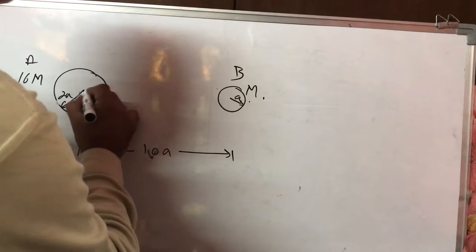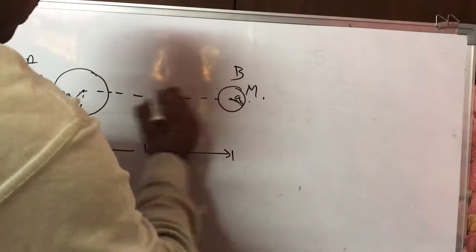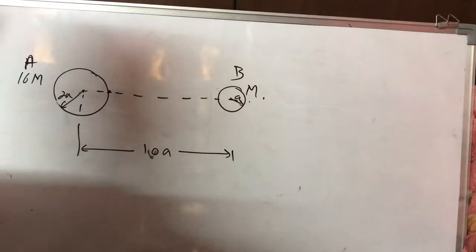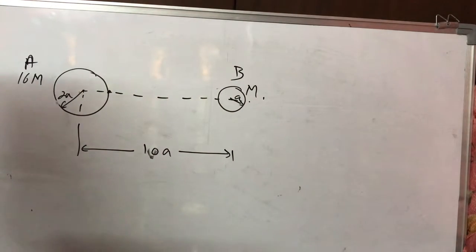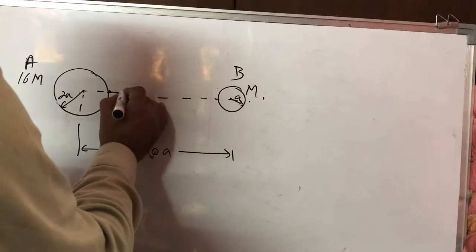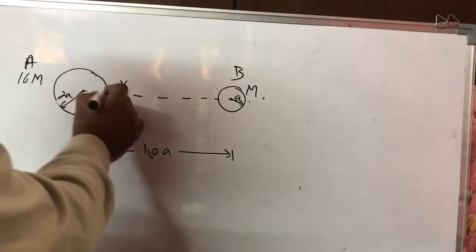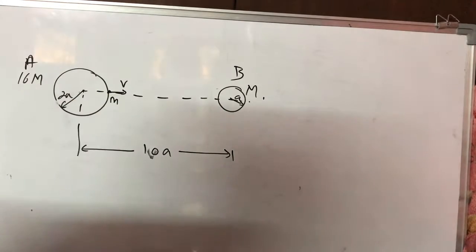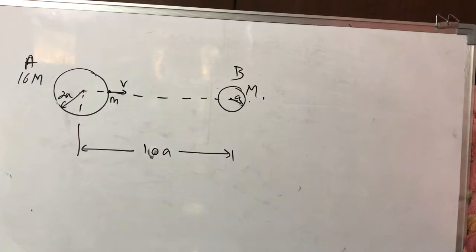They say that a mass small m is fired from the surface of the first star A. Then what should be the minimum initial speed to be given to this mass small m so that it reaches the surface of mass capital M? Now this is a very good question of gravitation, and I have selected to solve this question.